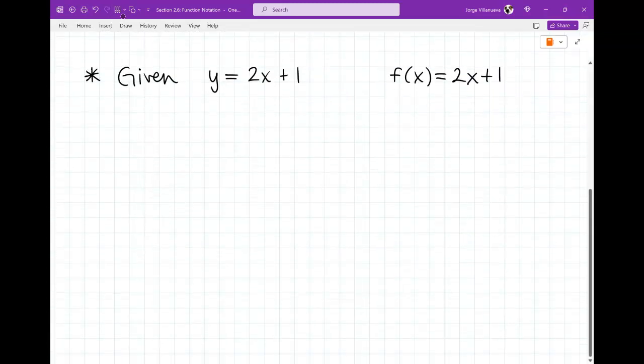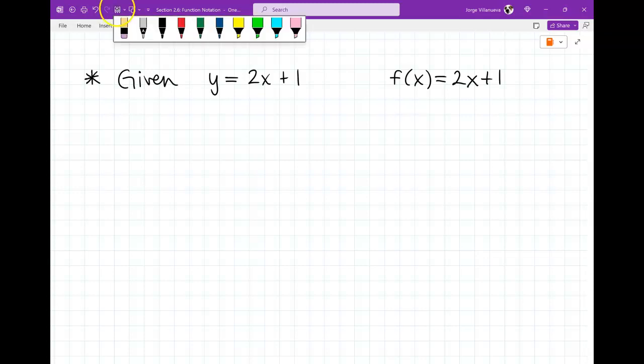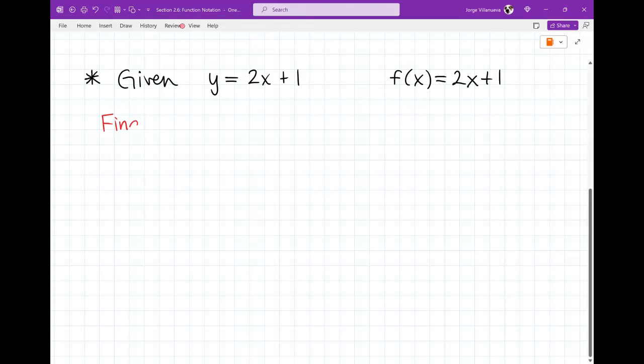Okay, so given this. All right, so what I want to do is I want to plug in the number 3. Okay, so I'm going to put right here, find the solution if x equals 3.